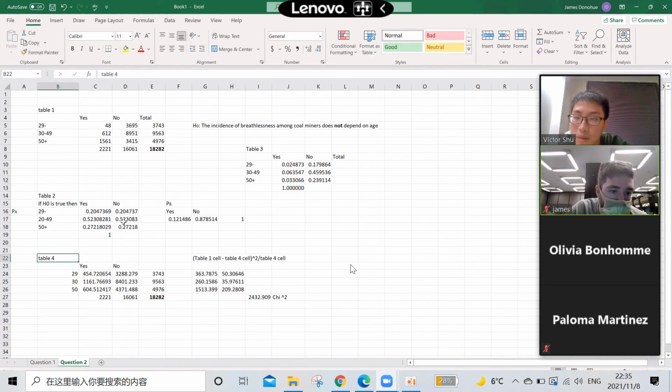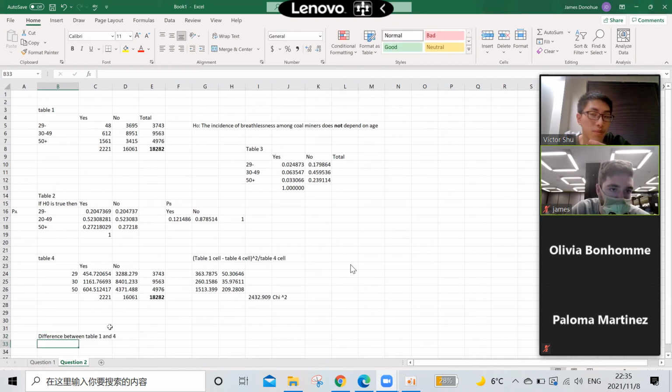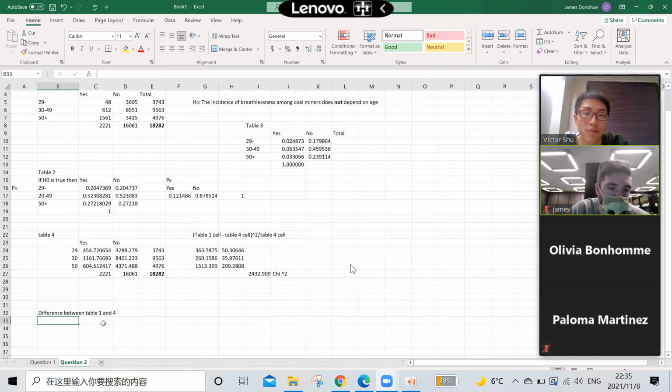One way is you look at the difference between table 1 and table 4, right? The difference between your observed value and the expected value under the hypothesis.